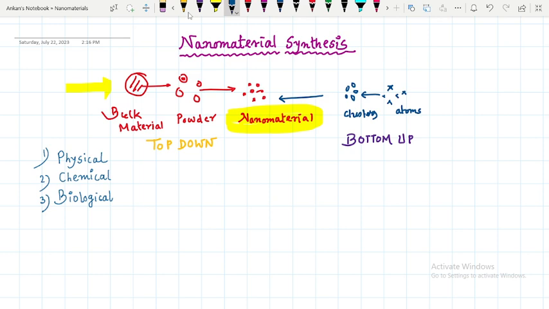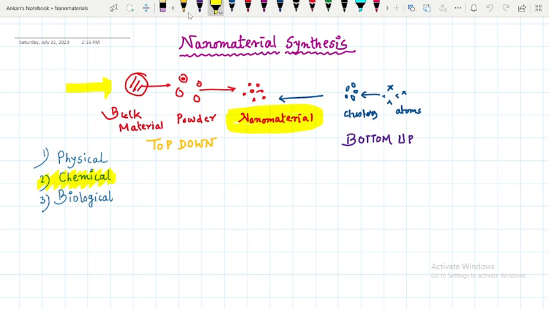You have to know that out of these, the chemical method is more suitable for the synthesis of nanomaterials at a very large scale, so that we can prepare a huge number of nanomaterials at a single time with the help of chemical methods.